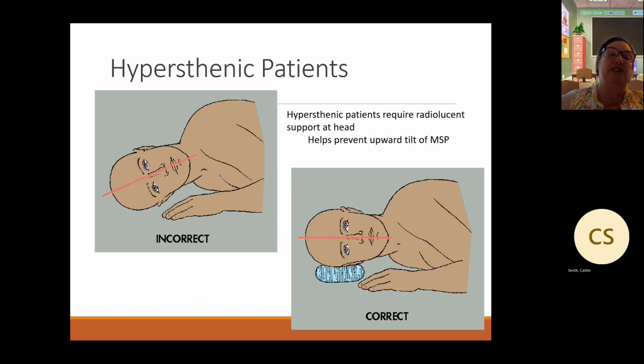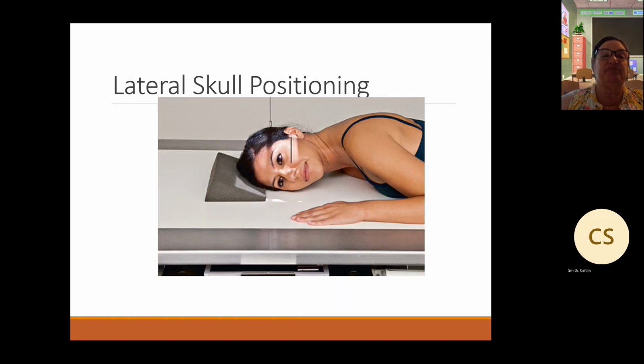Now, for a large patient, a hypersthenic patient, because the chest is large, the head tilts down. So if you place a sponge underneath the head, like a 45-degree angle sponge, you can do that, and that will straighten it out.